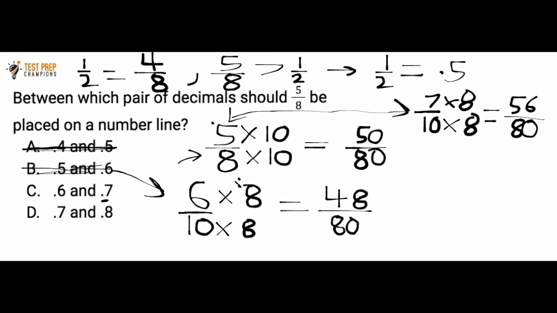So if we go back to our original fractions, we see that 5/8 is bigger than 6 over 10, but it's smaller than 7 over 10. So therefore, we know that C is the right answer, because 5/8 is smaller than 0.7, but it's bigger than 0.6. All right, so this question's a little tricky. Maybe watch this one again if you had trouble with it, because this is an important skill to understand.